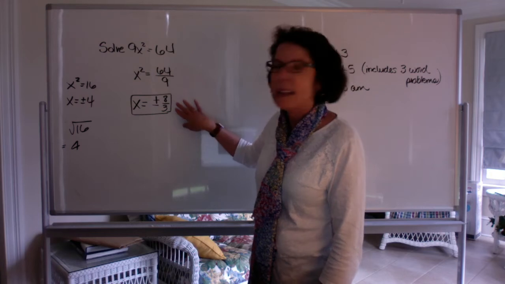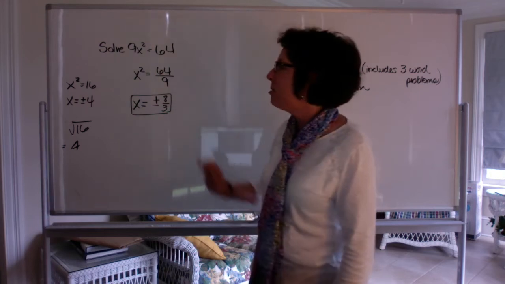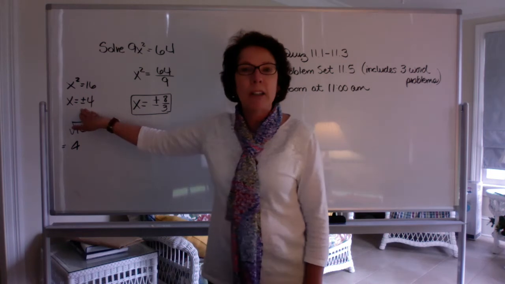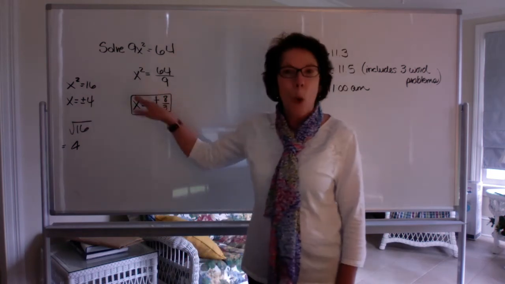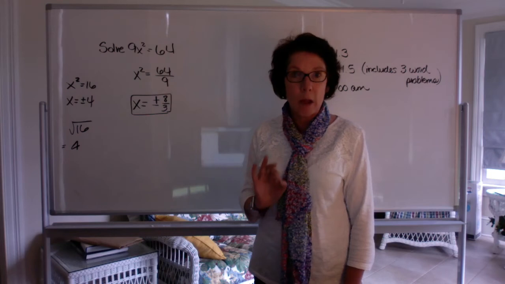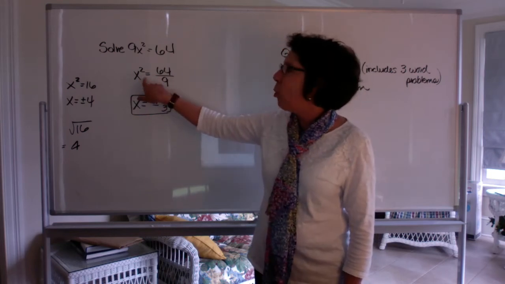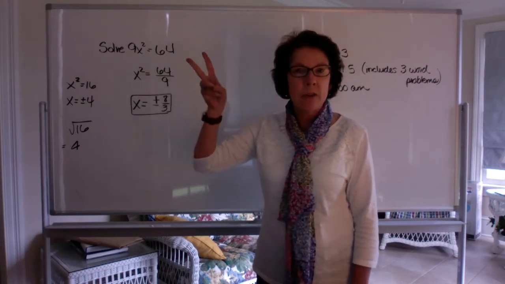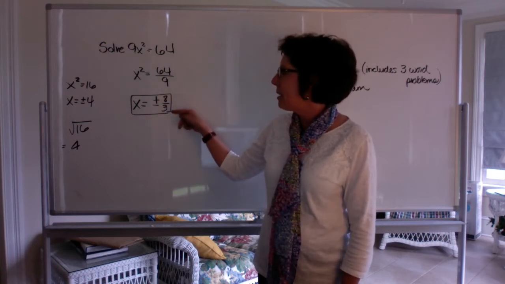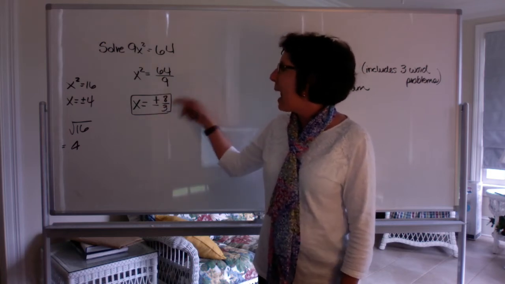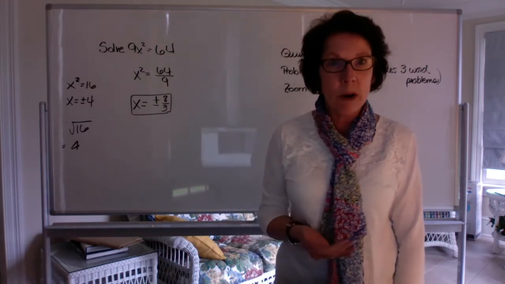So I get x equals positive or negative 8/3, just like x equals positive or negative 4 over here. So please don't forget, we call these quadratic equations, and we're going to talk a lot more about those soon. But remember, with a quadratic equation, you're going to have 2 solutions. One will be positive and one will be negative, because 8/3 times 8/3 is 64 ninths, and negative 8/3 times negative 8/3 is also a positive 64 ninths.